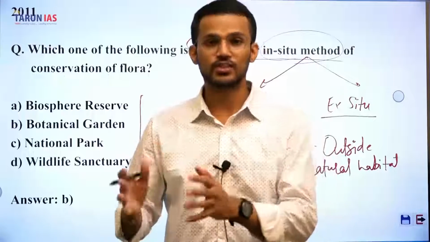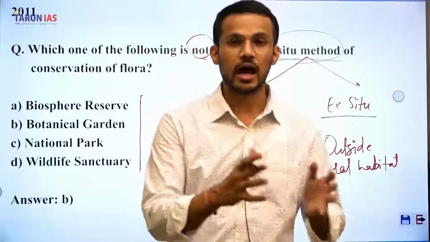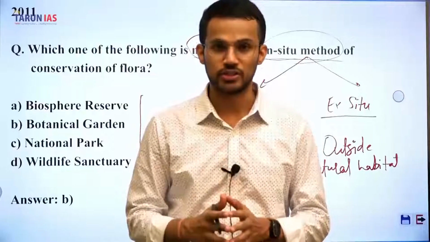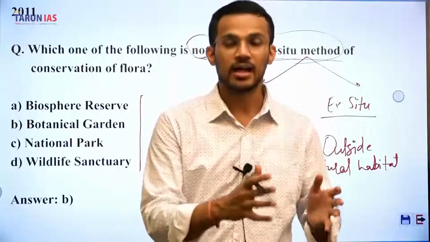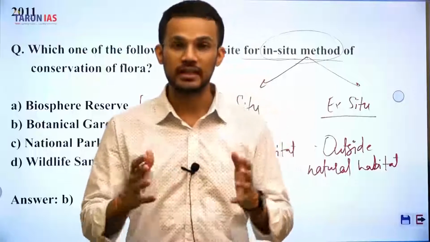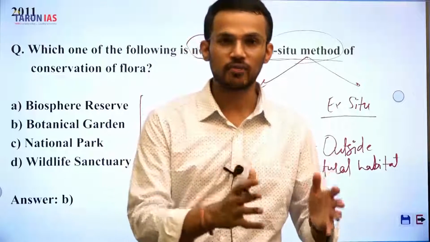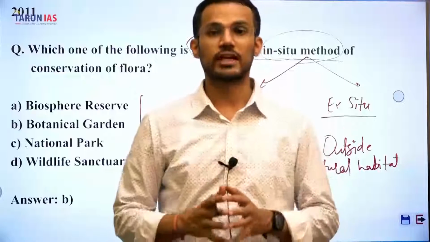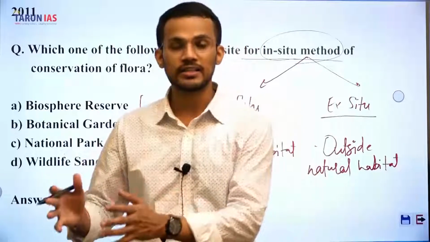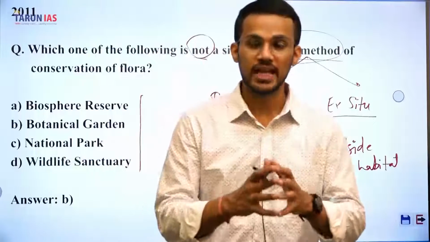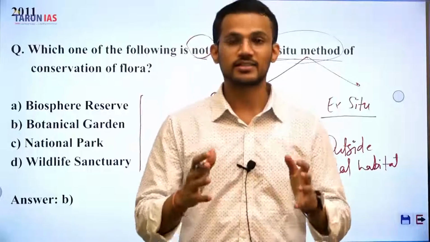But in ex situ, we will take out that particular plant species from that habitat and try to conserve it in, let's say, a botanical garden, right? So whenever we are trying to conserve that plant outside of its natural habitat, it is considered ex situ conservation.